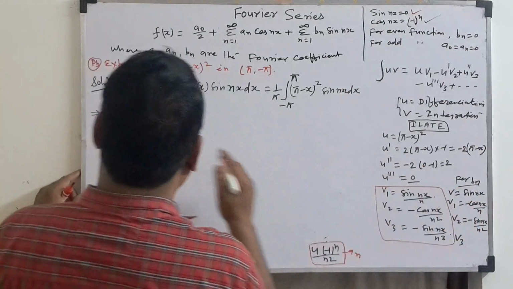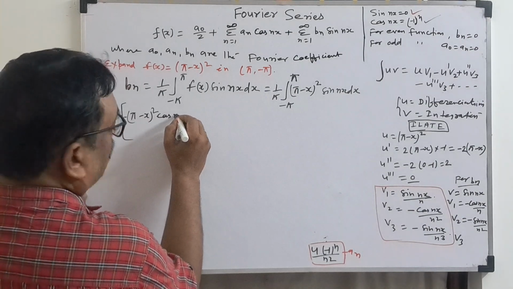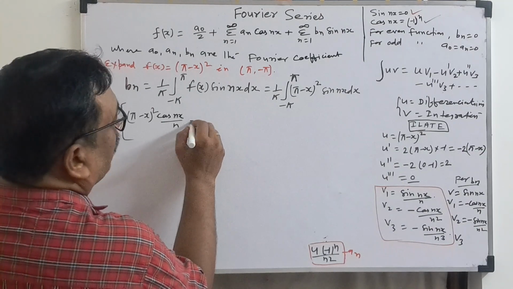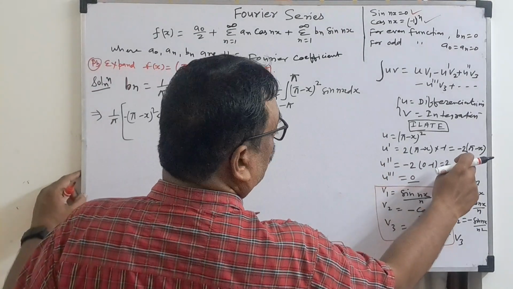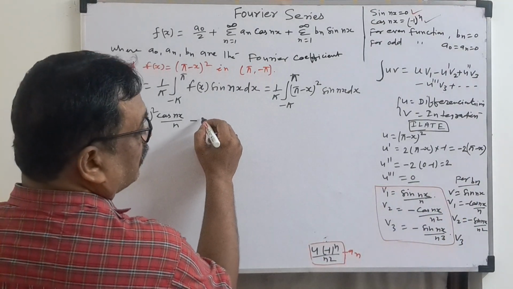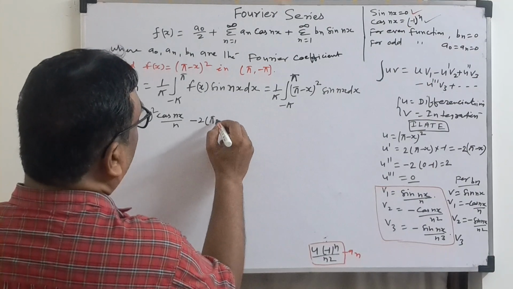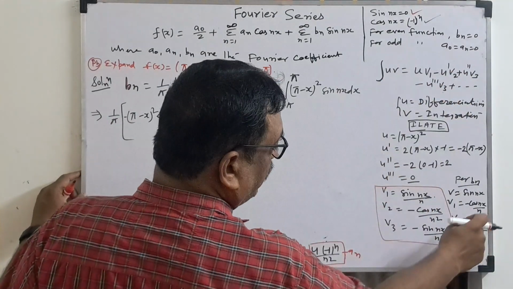What is v1? Minus cos nx by n, with the formula sign minus. U dash is also minus and v3 too is minus, so this will finally be minus. So 2 pi minus x into v2. What is v2?